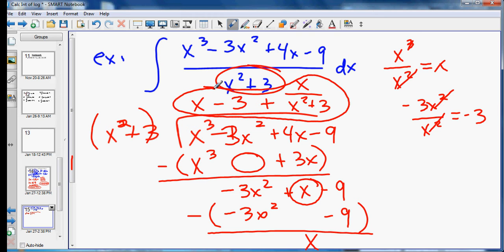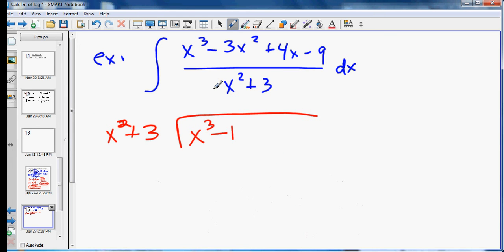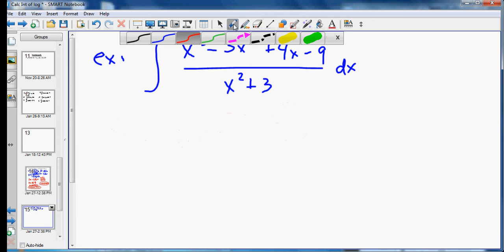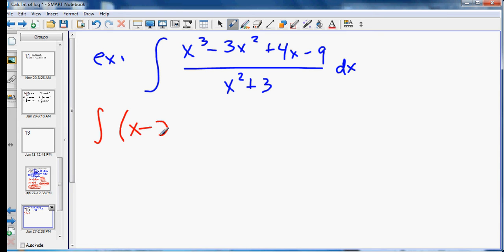I'm going to erase all that and then do the integral with that. So this integral is equal to x minus 3 plus x over x squared plus 3.